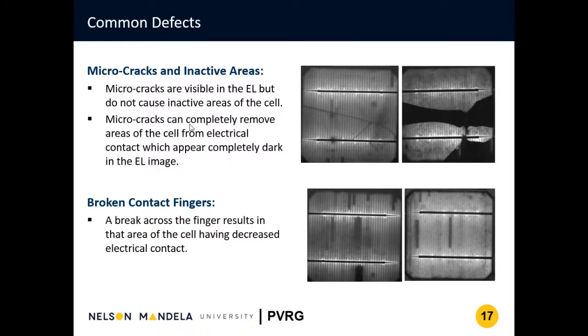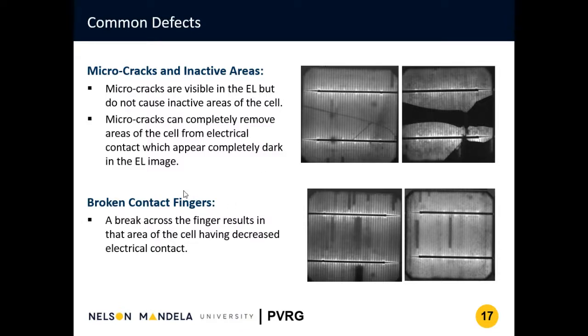A microcrack is a crack within the cell itself, and you can see it in an EL image. Depending on its location, it can result in an inactive area, which is an area of the cell that is completely removed from electrical contact. In that way, it cannot generate current, and it limits the performance of the module.